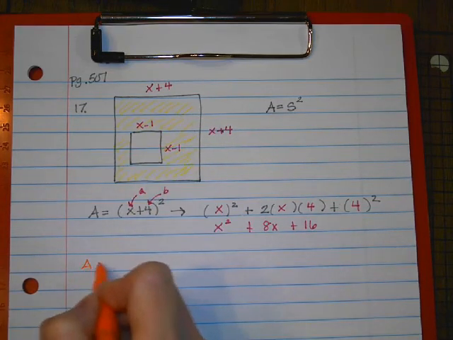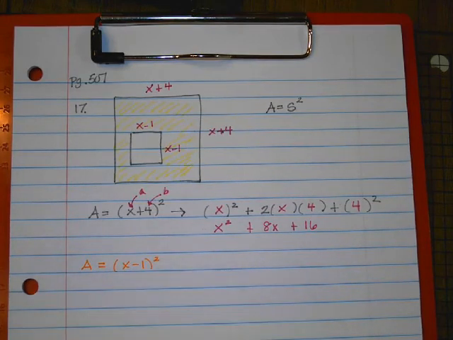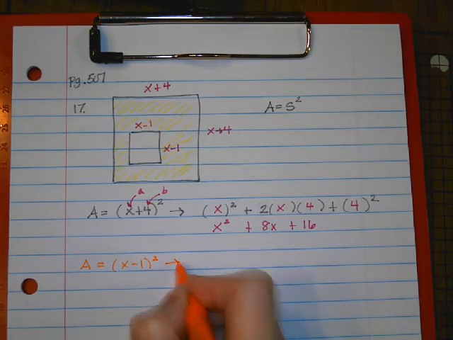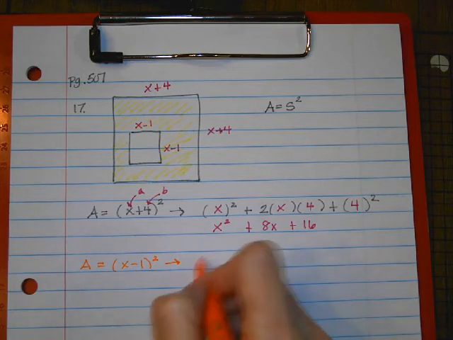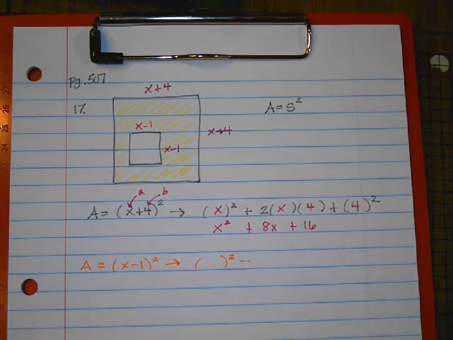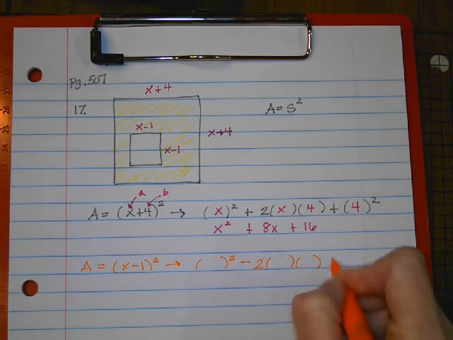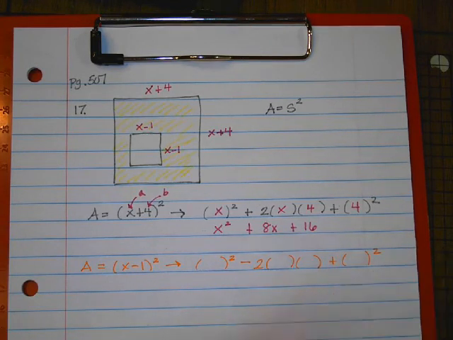The area of the smaller piece is x minus 1 squared. Again, I take my a value and I square it. Because this is minus, that's minus. Then 2 times my a value times my b value plus the b value squared. So I substitute those in.